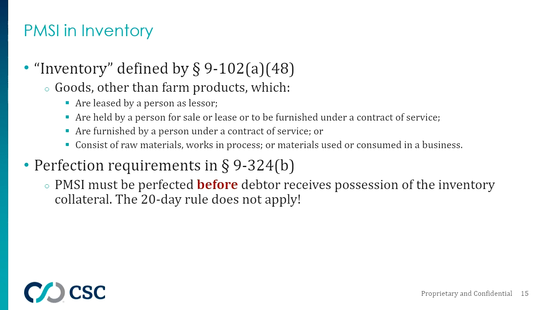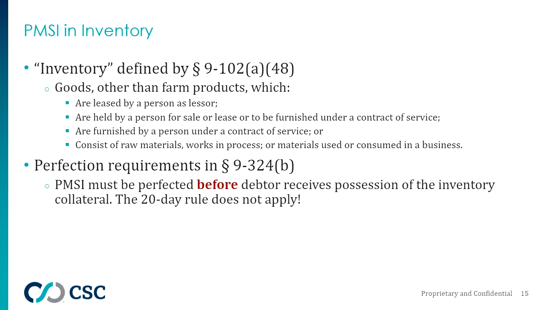Now, where the purchase money security interest is to cover ongoing deliveries of inventory over time, restocking the shelves, so to speak, if the PMSI isn't perfected for that first delivery, only the first delivery will be outside the scope of the purchase money.